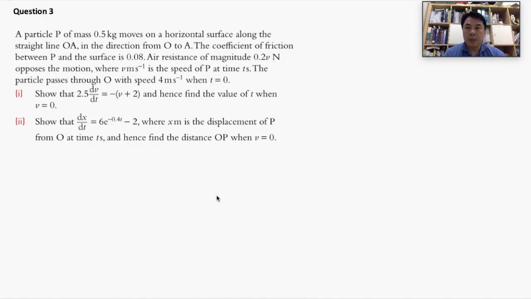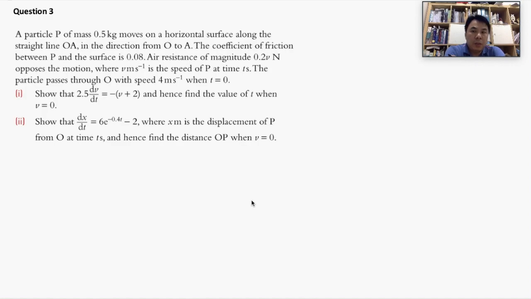Let's read it up. A particle P of mass 0.5 kg moves on a horizontal surface along a straight line OA in the direction from O to A. The coefficient of friction between P and the surface is 0.08. Air resistance of magnitude 0.2 V Newton opposes the motion, where V is the speed of P at time t.